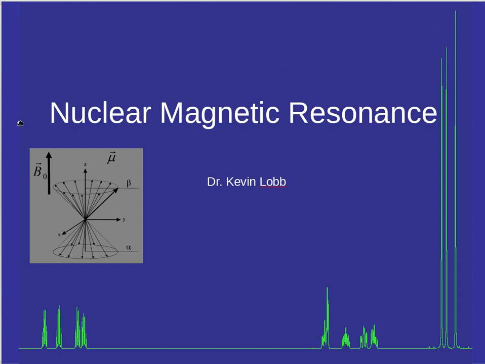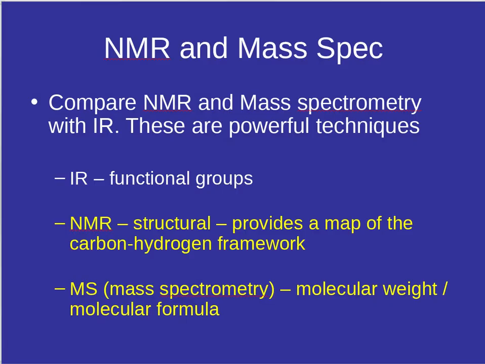Now, when we speak of NMR, or nuclear magnetic resonance, it's interesting to compare it to other techniques. We're going to look at a little bit of Mass Spec in this course towards the end of the course, but mainly NMR. And they are really powerful techniques. So yes, IR is a powerful technique.